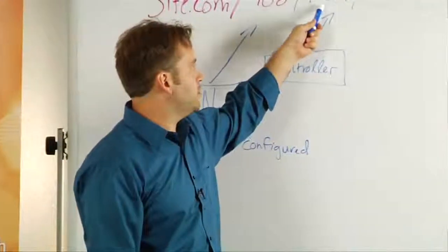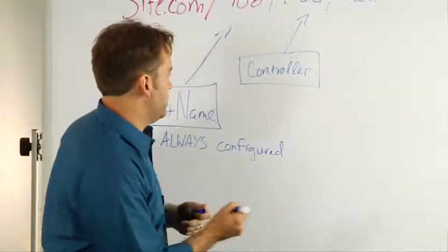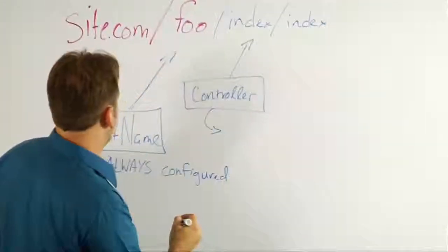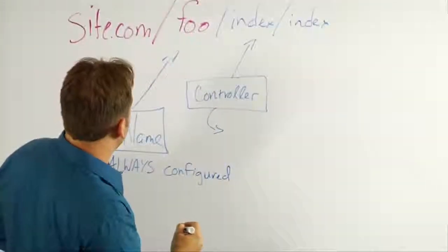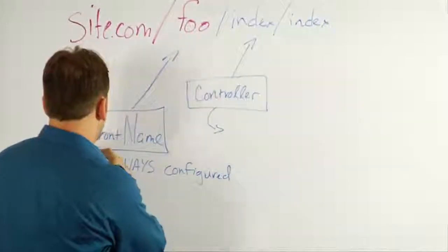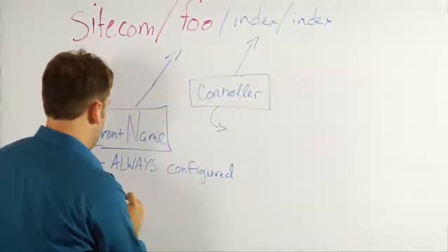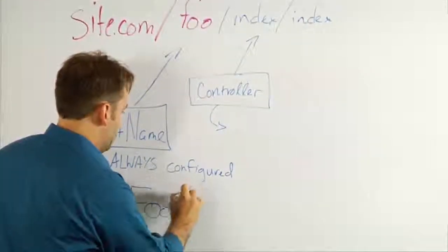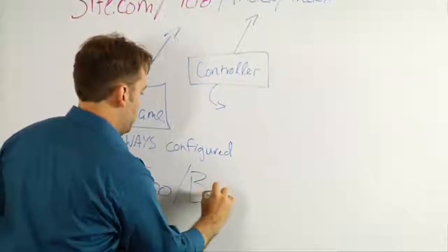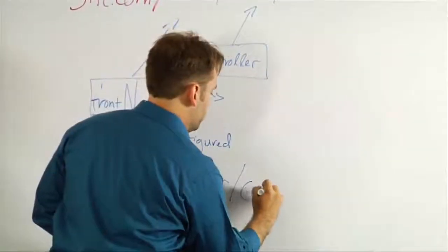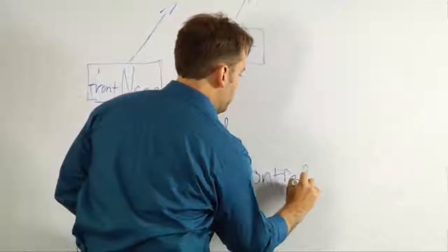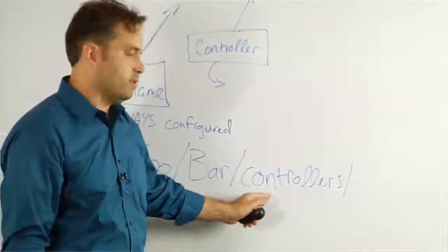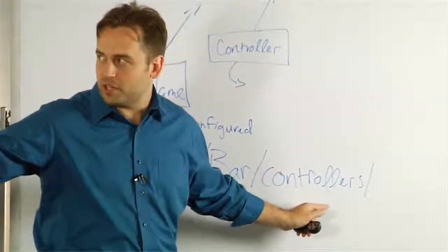So my front name, in this case, is going to tell me foo, bar, and then controllers. And it's the application that does this. We don't specify this in here.